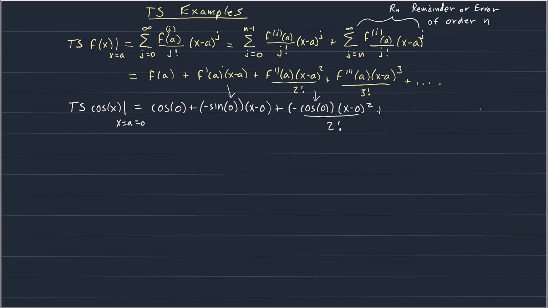And then if we go out to the third term, we have a derivative of cosine is minus sine, so we have 2 minuses, so I'll keep the plus there, so that's sine of 0, x minus 0 to the third power over 3 factorial.